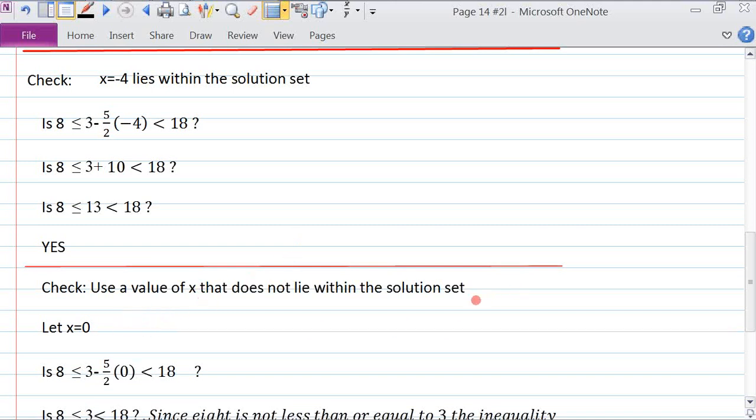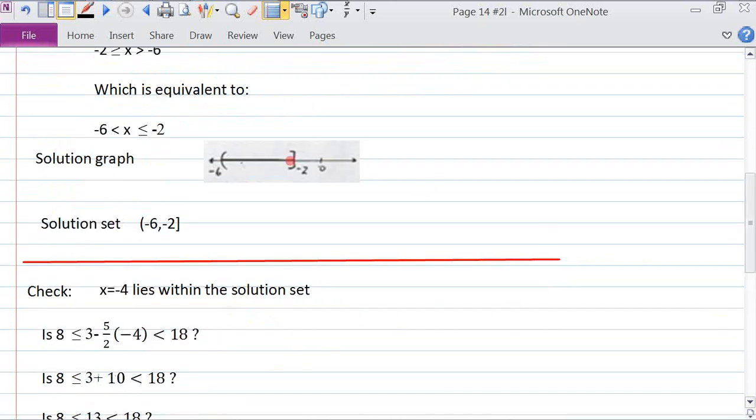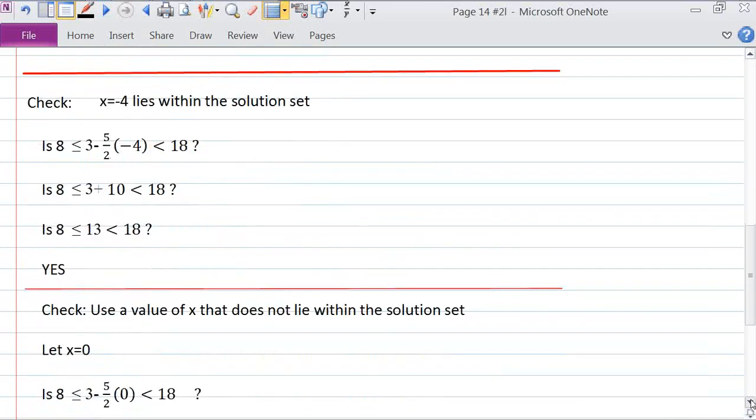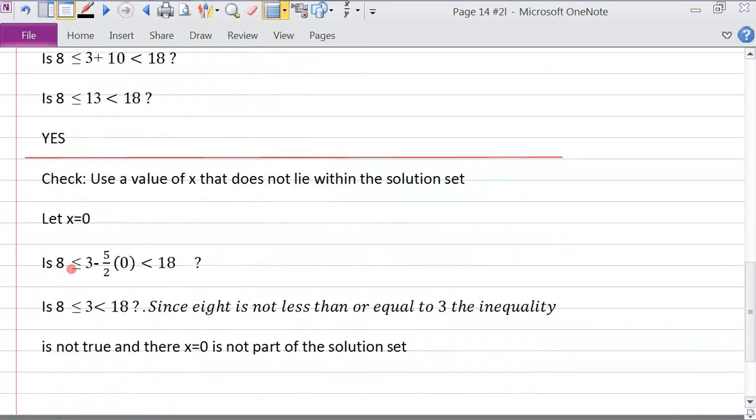Let's choose a value of x that does not lie within the solution set. If you go back here, 0 you can see doesn't lie in the solution set. So we'll go back and put it in the original inequality. 8 less than or equal to 3 minus 5/2 x, here's x equal to 0, less than 18.